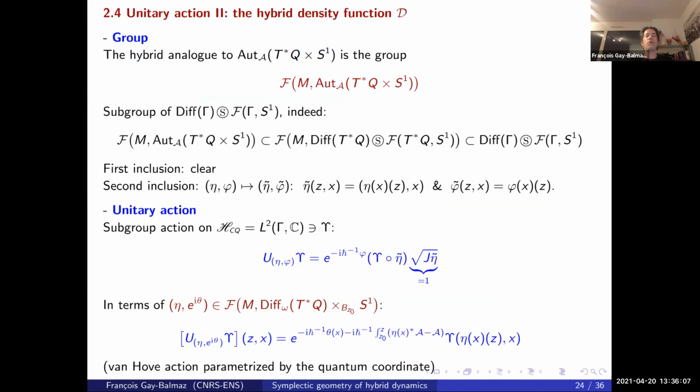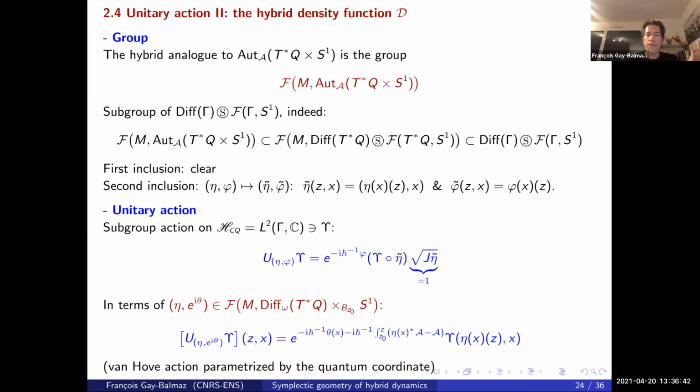So the group that we consider is this. These are all smooth maps from the quantum configuration space into this group of connection preserving automorphisms of the pre-quantum bundle. So it's easily seen to be a subgroup by some chain of inclusion. It acts unitarily as before by subgroup action. So that's just a kind of Van Hove action parametrized by the quantum coordinates.